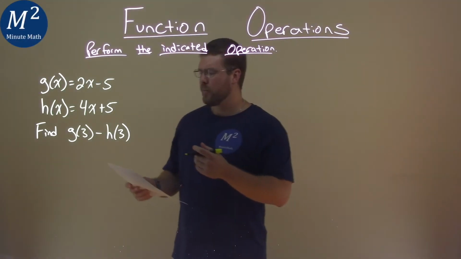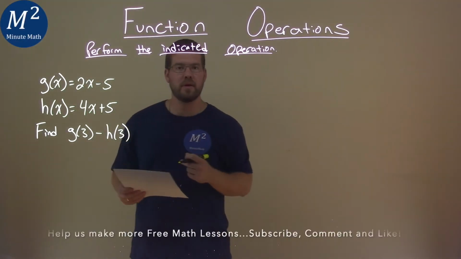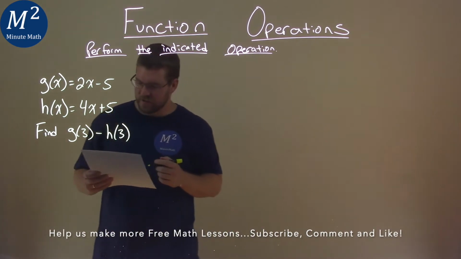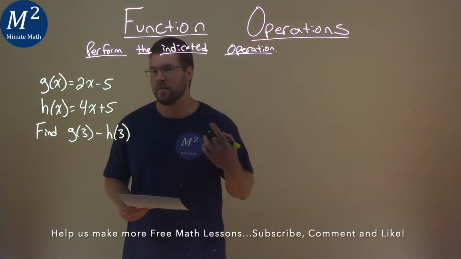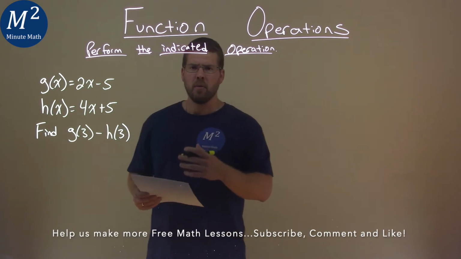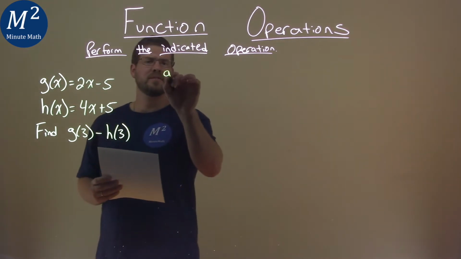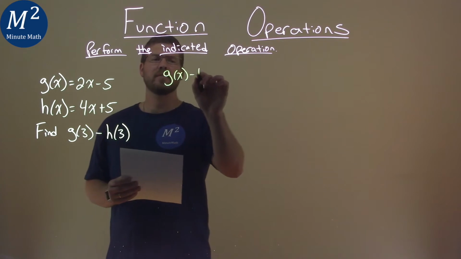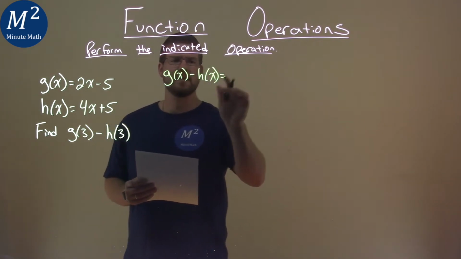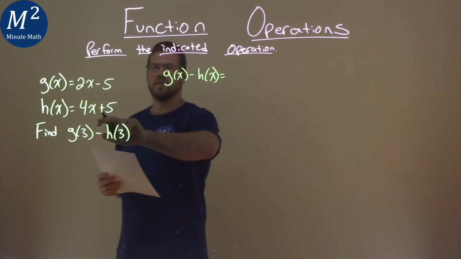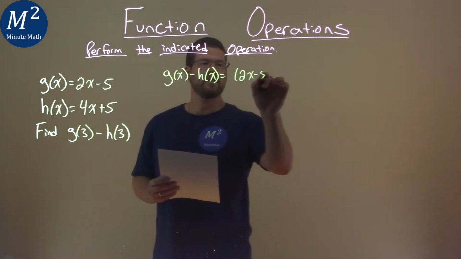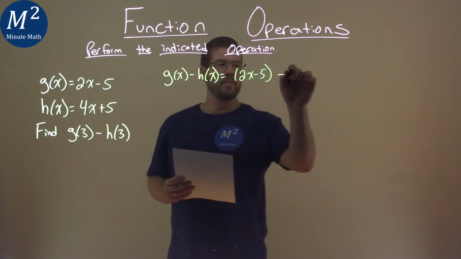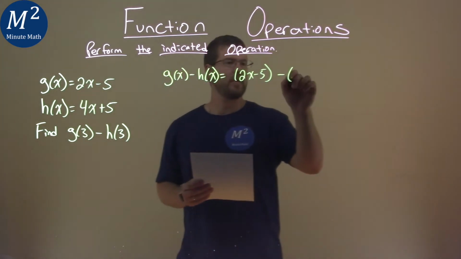We're given this problem right here. G of x equals 2x minus 5. H of x equals 4x plus 5. And we need to find g of 3 minus h of 3. Well, first thing I want to do is, what's g of x minus h of x? And that's just taking our two equations here, g of x being 2x minus 5, and we want to subtract that by h of x, 4x plus 5.